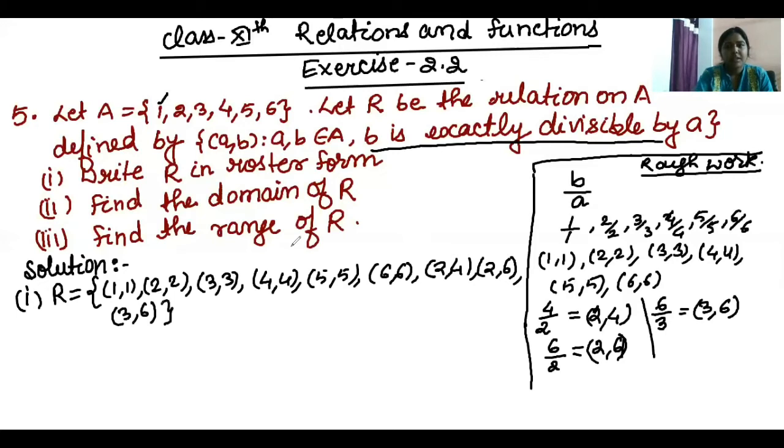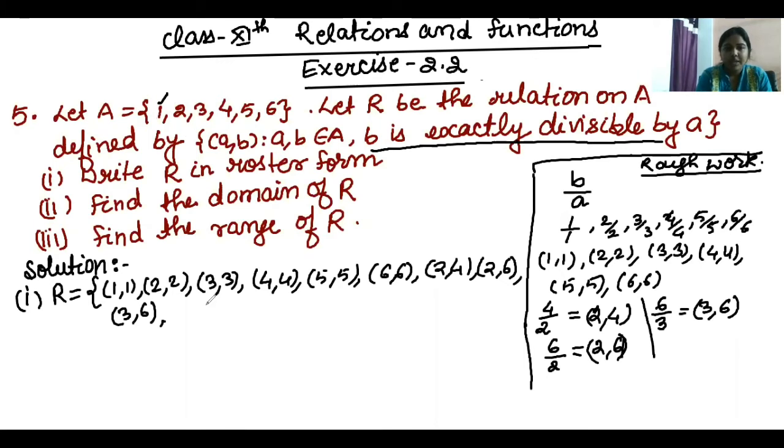So these are the elements of R. And one thing we have forgotten: 2 is exactly divisible by 1, 3 is exactly divisible by 1, 4 is exactly divisible by 1, 5 is exactly divisible by 1, 6 is also exactly divisible by 1.